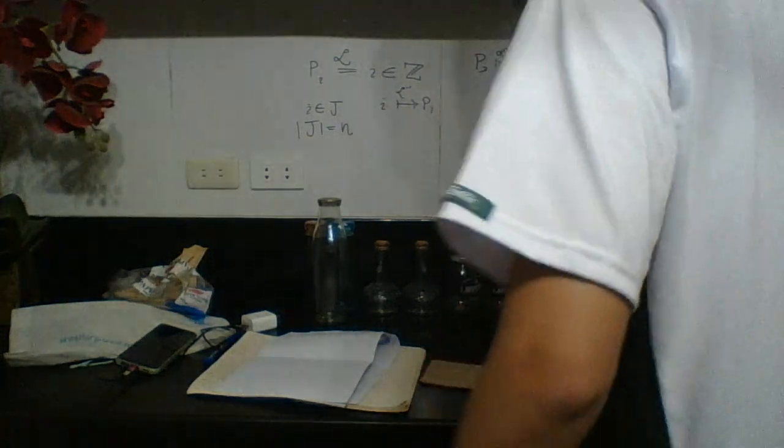So this would imply that some P_n is comparable to some P_m. We use this symbol, I mean it could be like this, but I'm gonna use this, to say that P_n and P_m are comparable.